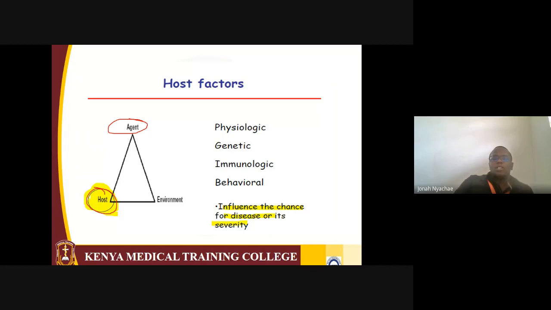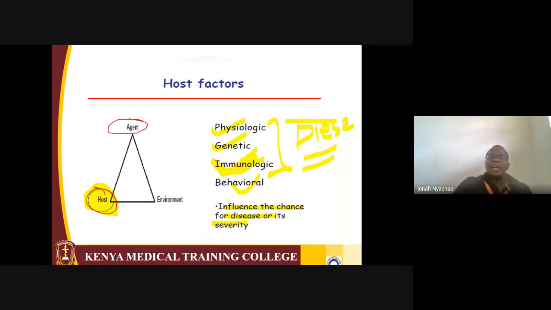This host has physiological factors, genetic makeup, and immunological and behavioral factors, which will influence or determine the chances of contracting a disease. For example, if your immunity is low, you will become a very good host to diseases. The body is weak, it will be attacked, and then we may lose lives.